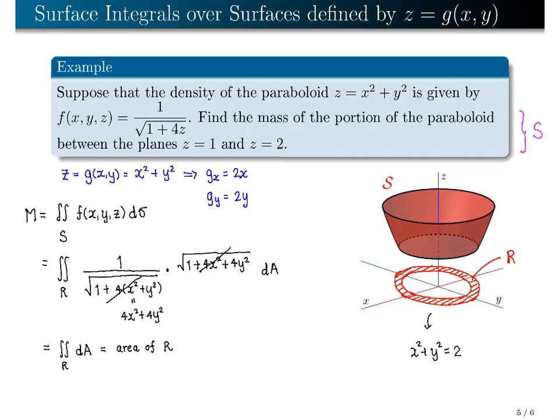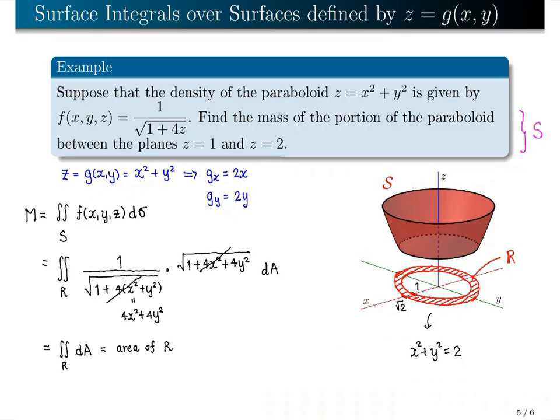Thus, the outer circle is centered at the origin and has radius square root of 2. The equation of the inner circle is determined in a similar manner, and we obtain that the inner circle is the unit circle. That is, the inner circle is centered at the origin and has radius 1.